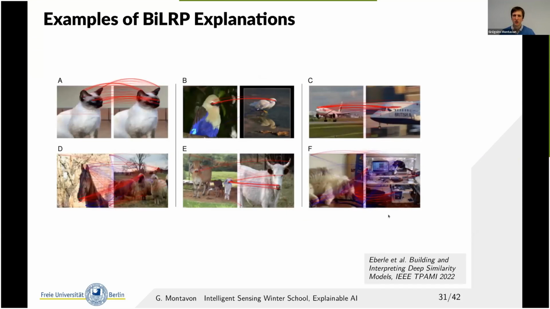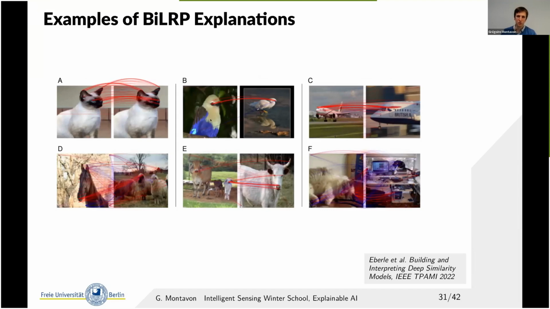So here you have images of different types that are all predicted to be pairwise similar, and you see the reason why these images are similar. For example, this is just self-similarity between two exactly the same images, and it highlights the ears and the eyes as being grounds for high similarity.